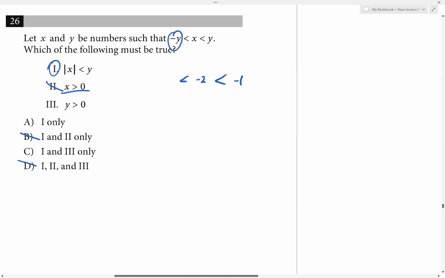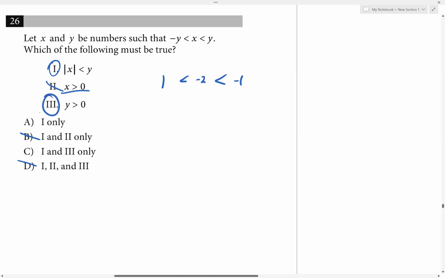But the left side has to be negative y, so this would be a positive 1. Positive 1 will not be less than negative 1, so the inequality won't work. So y has to be positive. It cannot be a negative number, and we said earlier it can't equal 0. So y will have to be positive.